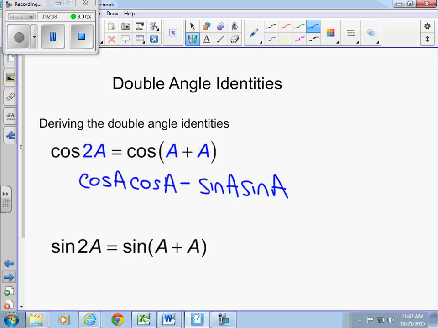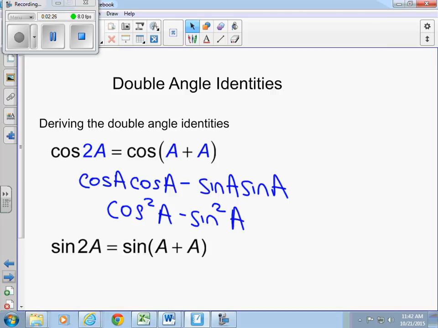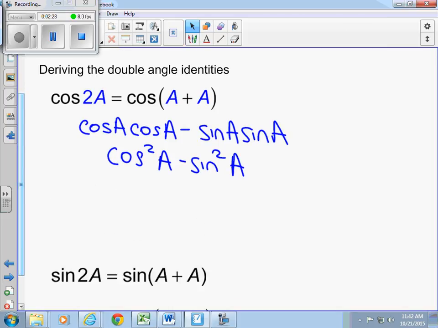Look it up. Cosine ones are opposite. Cosine squared minus sine squared. And so that is one identity equivalent to cosine of 2a. Cosine squared of a minus sine squared of a.